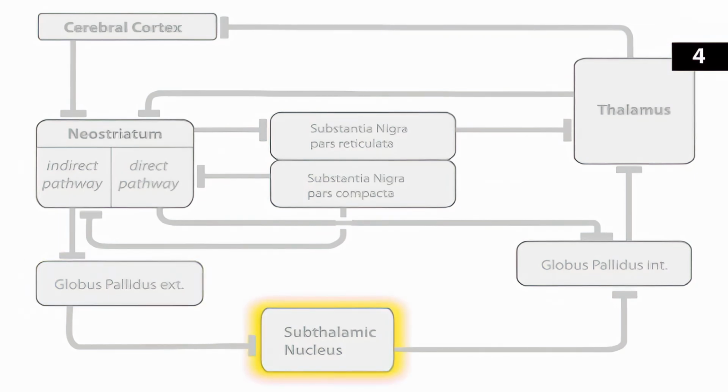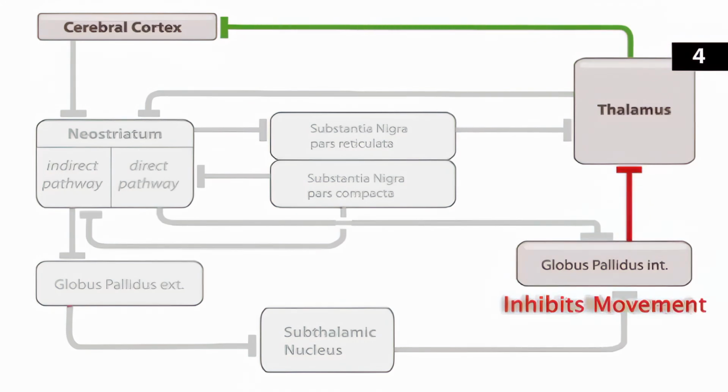Let's go through each of these, working backward from the internal globus pallidus. The thalamus is still sending its excitatory signal to the cortex, and the globus pallidus interna is sending its inhibitory signal to the thalamus, which again inhibits the thalamus. So remember, the globus pallidus interna inhibits movement. But the subthalamic nucleus sends an excitatory signal to the globus pallidus interna, which means the subthalamic nucleus is further inhibiting movement.